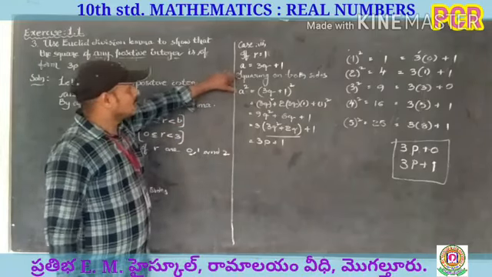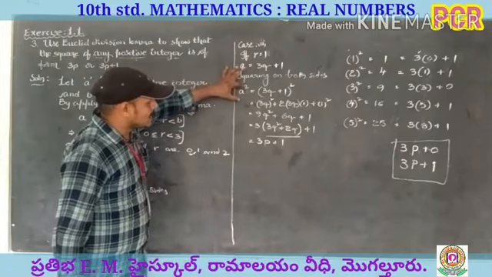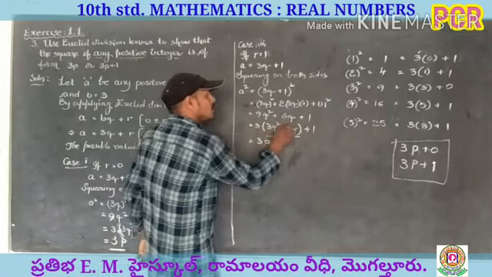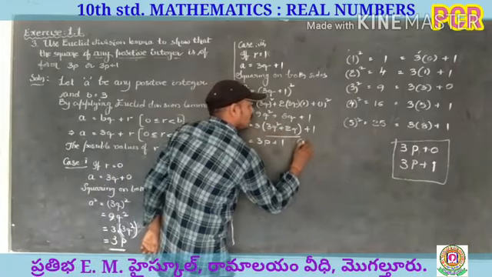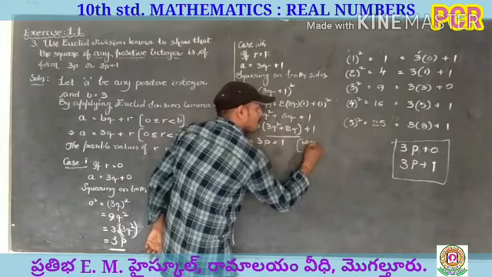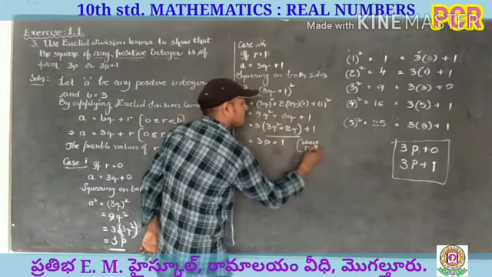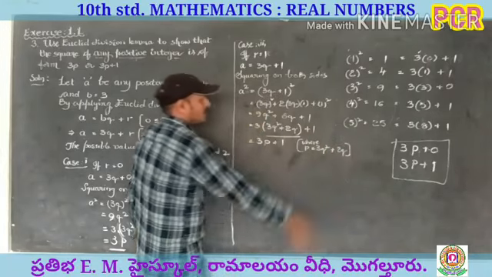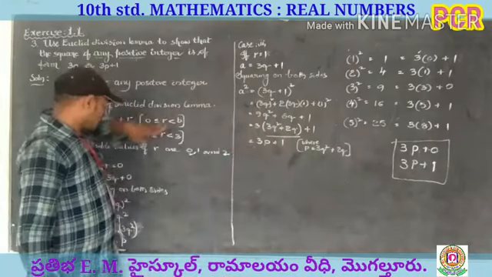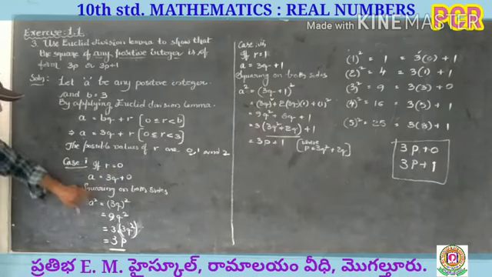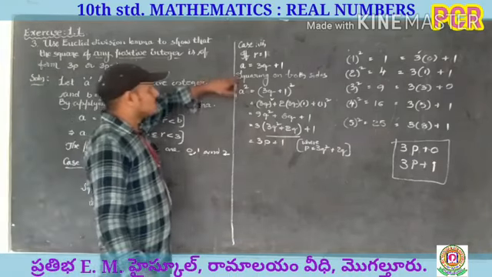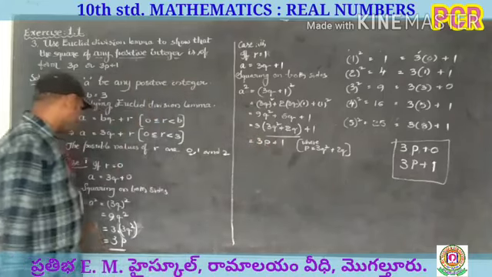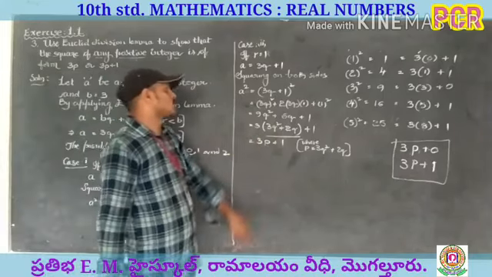So in this case we can write a square as 3 into p plus 1, where p is equal to 3q square plus 2q. So in the first case we can write a square as 3p. In the second case we can write a square as 3p plus 1.